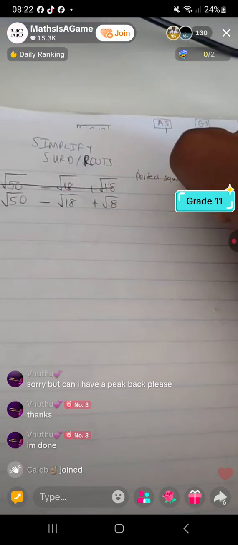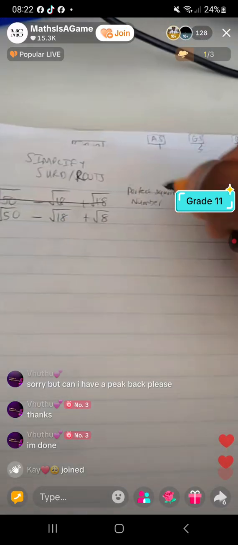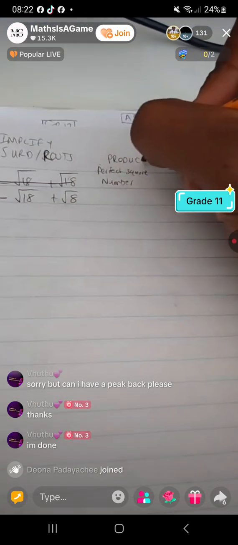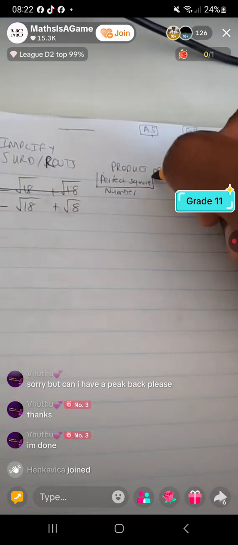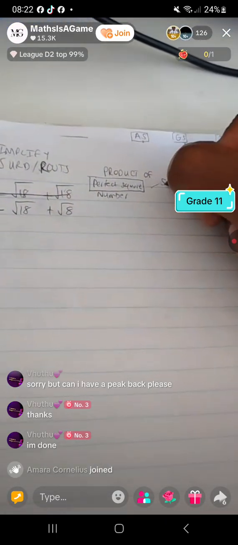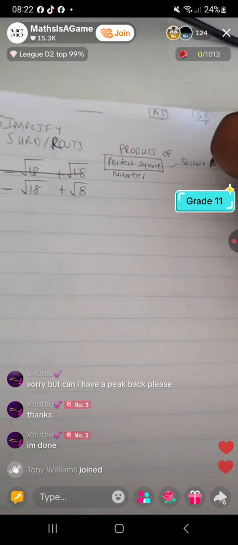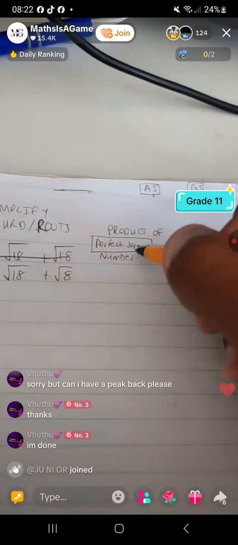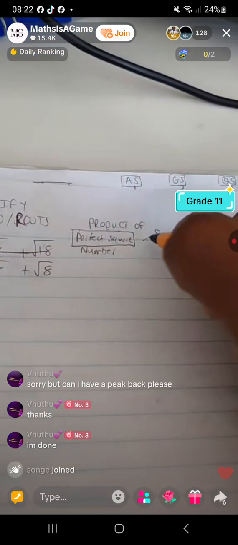Now here our objective is to write the numbers underneath the square root as a product, because the square root is the focus here, of a perfect square.